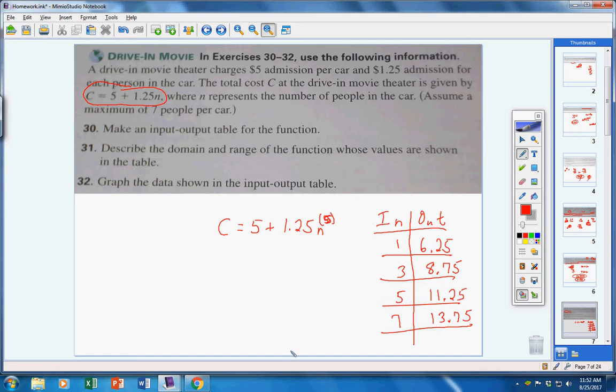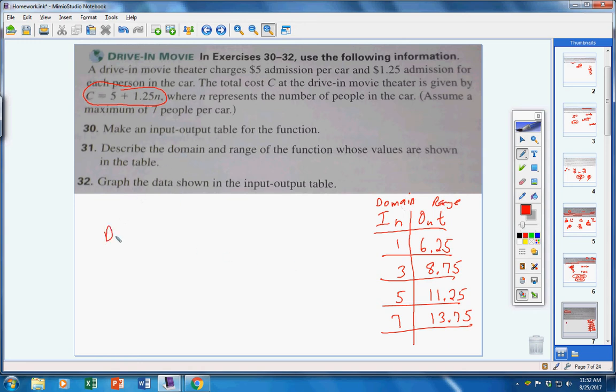So there we go. Now number 31 says describe the domain and range of the function whose values are in the table. Well, guys, just simply say this. This is your domain. We went over that in your notes when we studied functions, and your output is your range. So, how would I answer this?